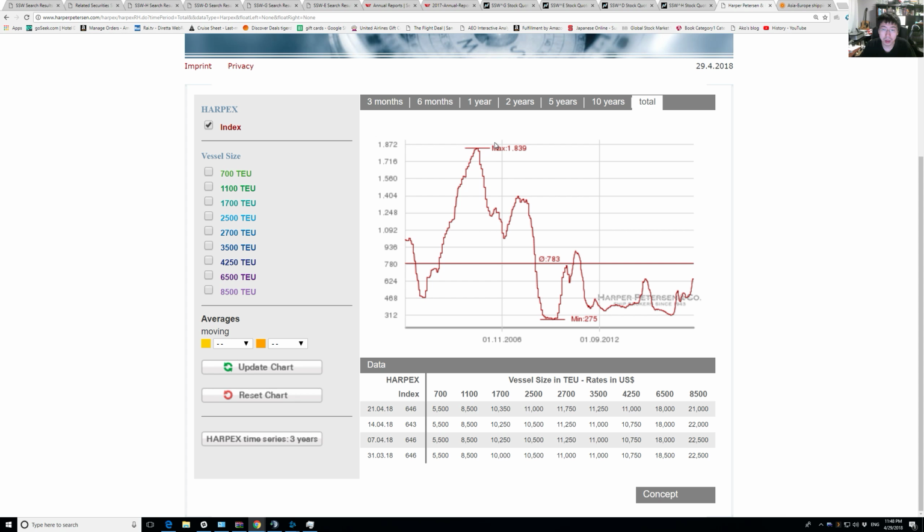And it went 1.8 thousand per, I think it's per day per TEU or something. But regardless, it's the range that matters. So the lowest it went is obviously at the financial crisis. It was like 275. Now it's a little bit more than double that. Okay, but it's still very much lower than the median or average here.